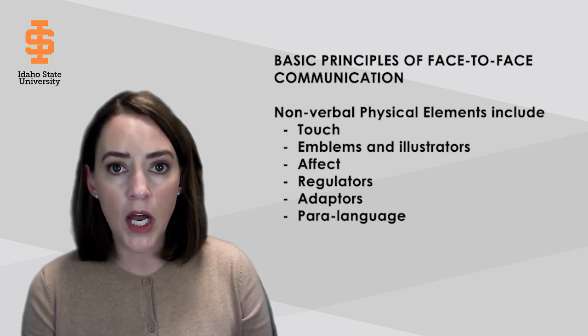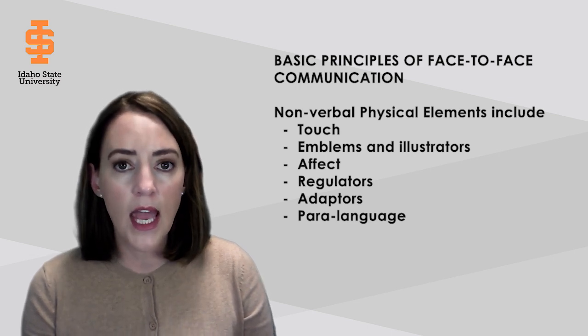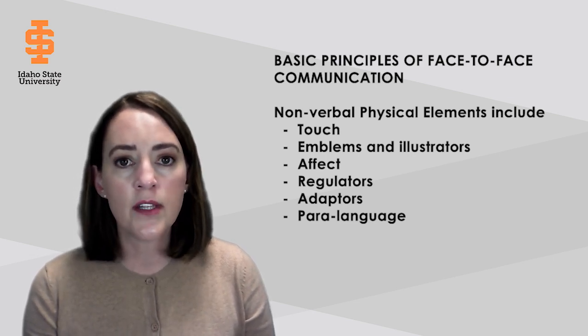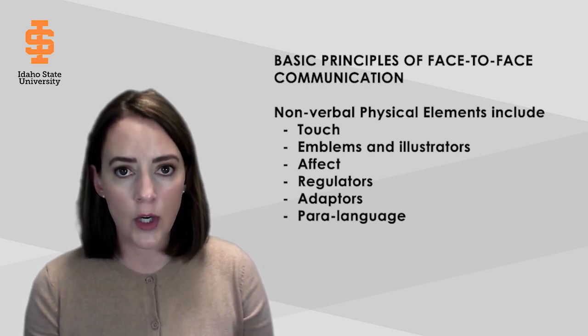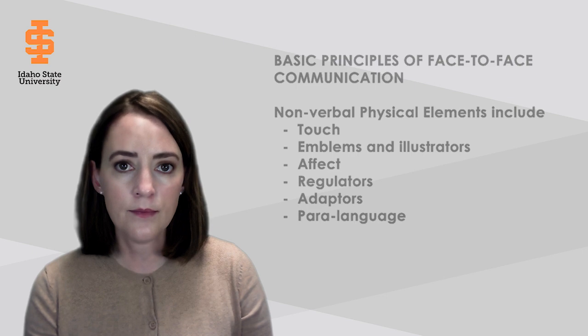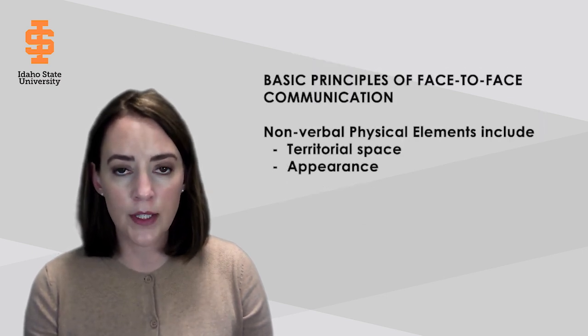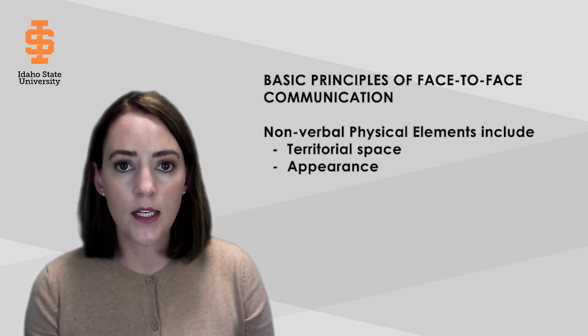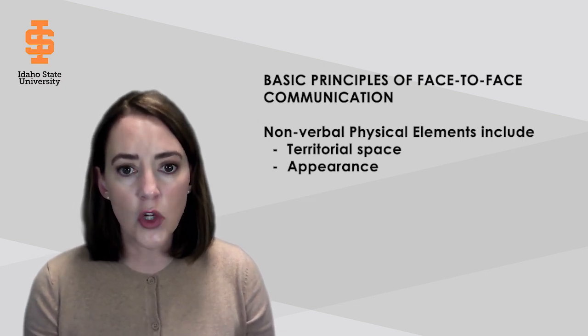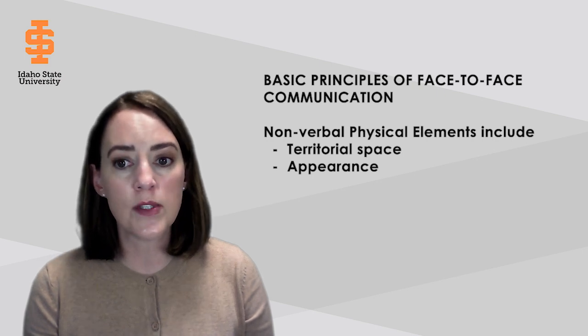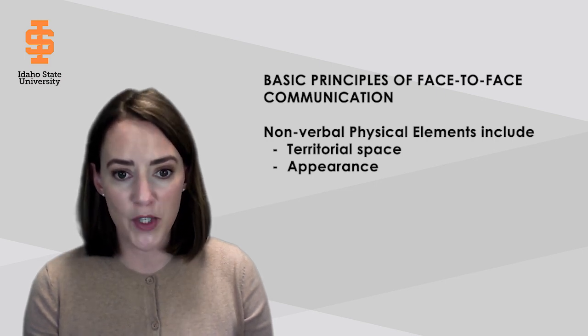Adapters, known as body language. And paralanguage, including the elements of speech such as pitch, volume, tone, and rate. Nonverbal, non-physical elements include territorial space, such as personal space, and appearance, such as clothing, which can provide clues about a person's background or personality.